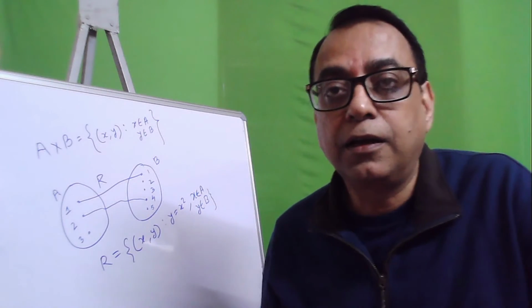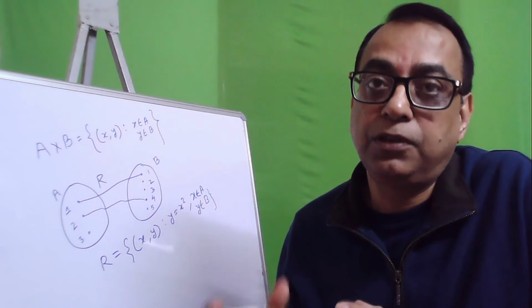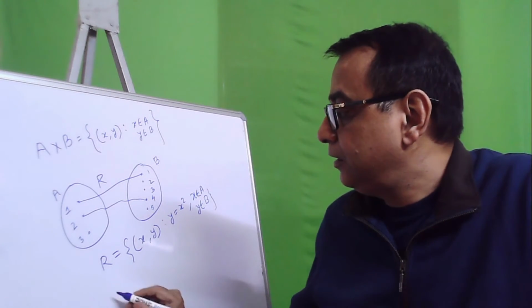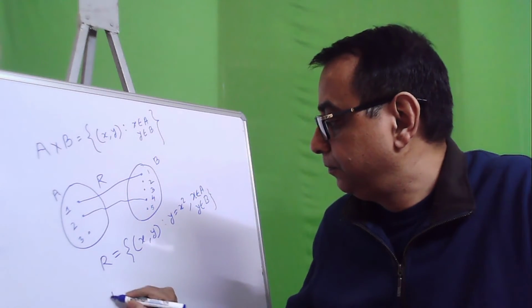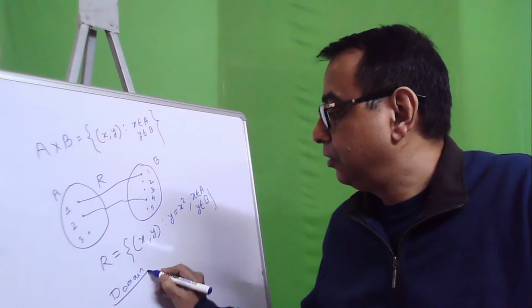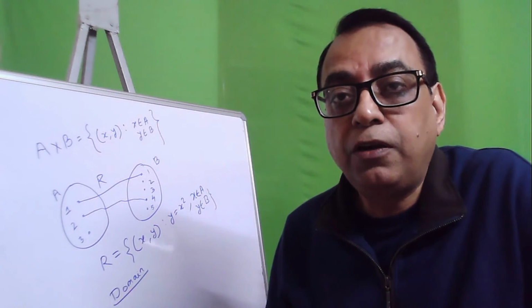Now, there are a couple of terms associated with this relationship. Let me explain that in detail. One is called domain. So, what is the domain of a relationship?